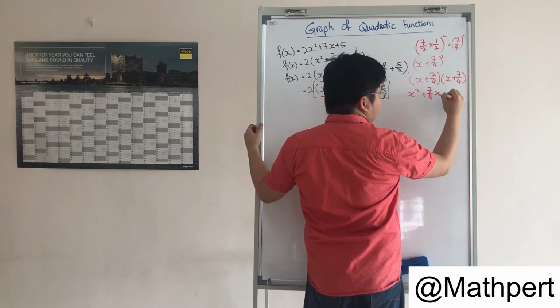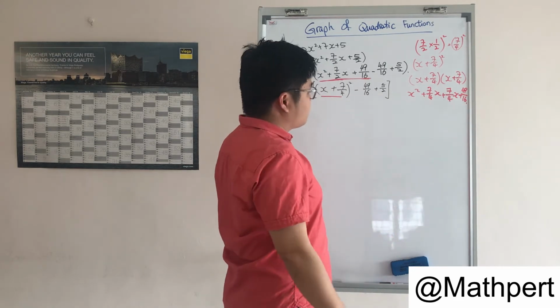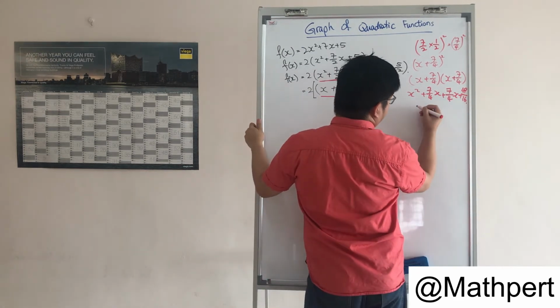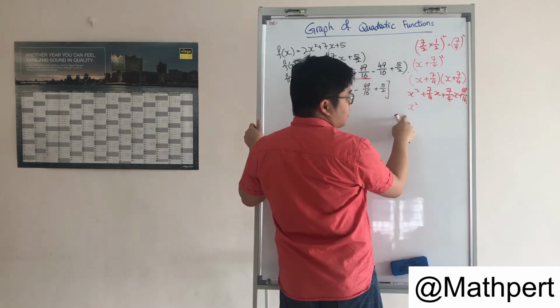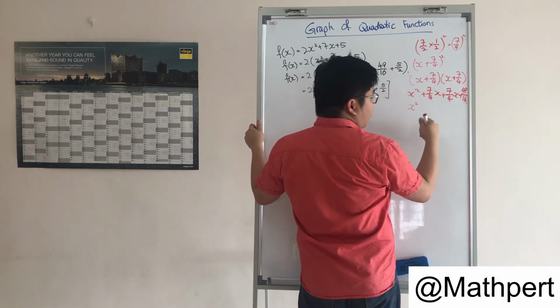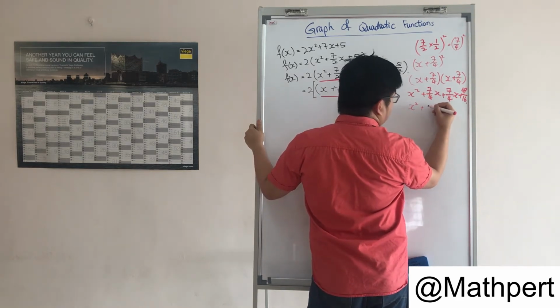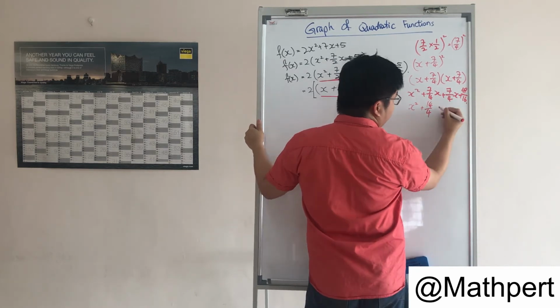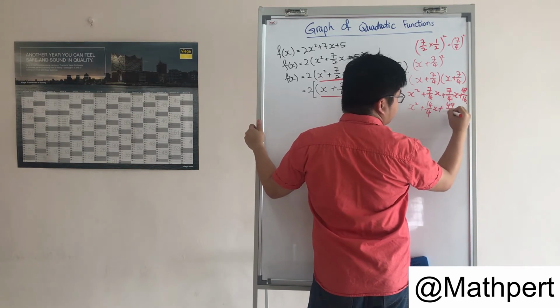Here we get plus 7 over 4 x plus 49 over 16. So here we have x squared, then 7 over 4 plus 7 over 4. How much do we get? We get 14 over 4 x plus 49 over 16.